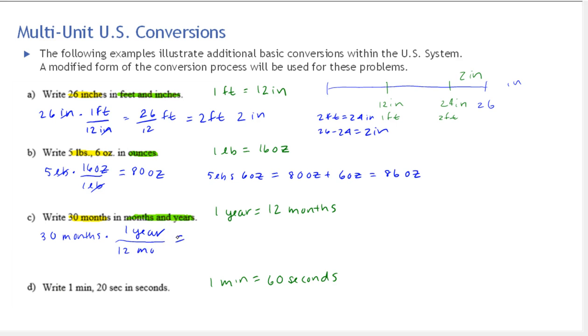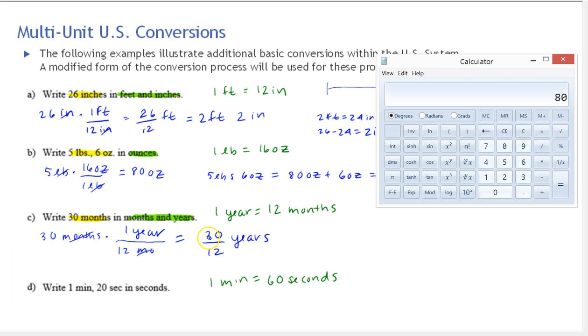Notice that the months cancel, and this is equal to 30 over 12 years. So we're going to divide the 30 by 12. Okay, and we have 2.5. So this means 2.5 years. This is not 2 years and 5 months. Okay, so we'll just start with the 2 years.